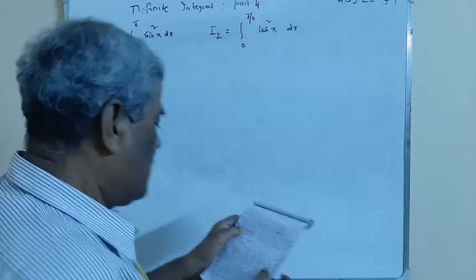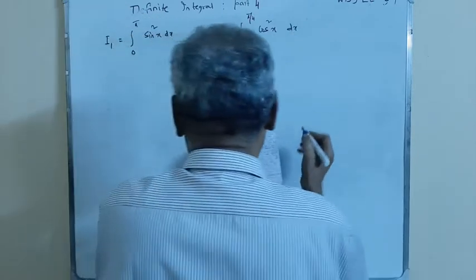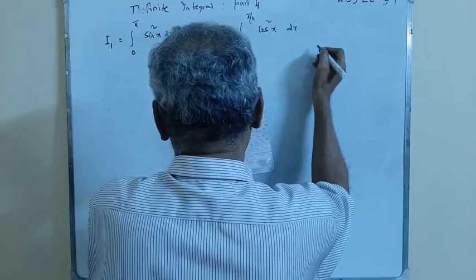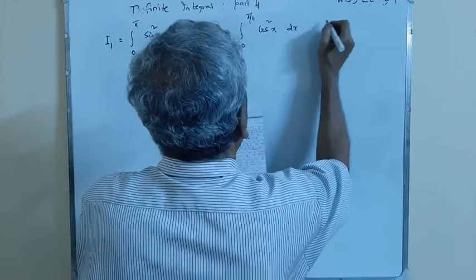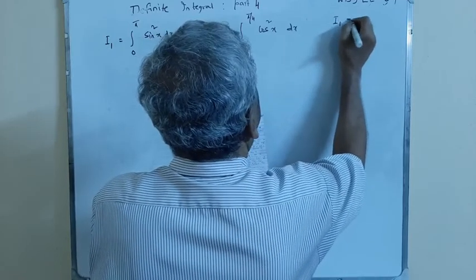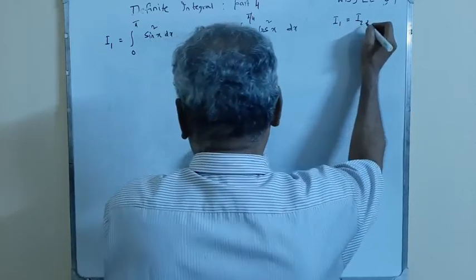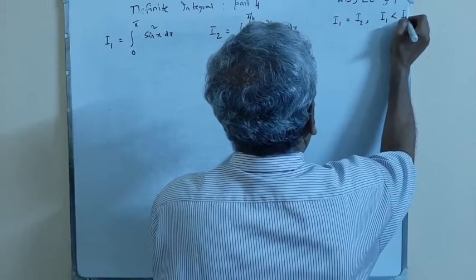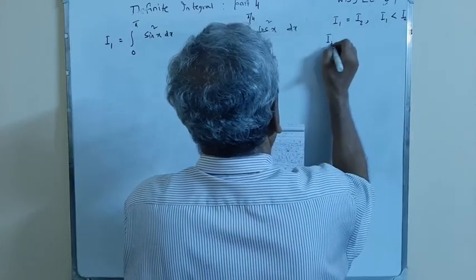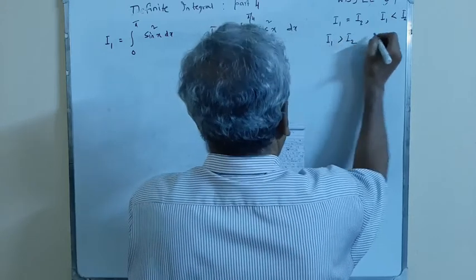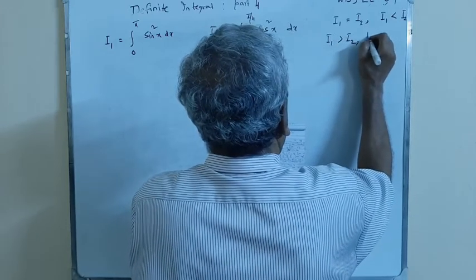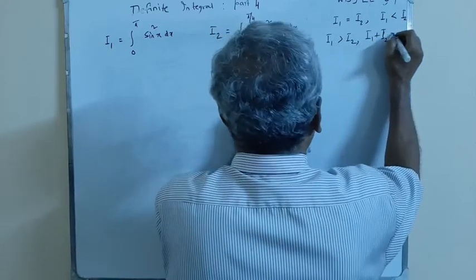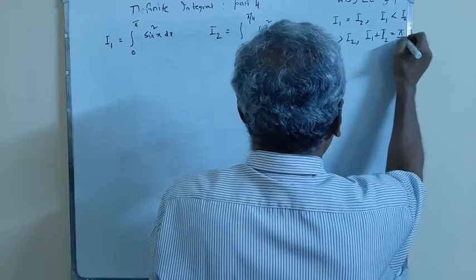Then which one is correct? Number 1, I1 is equal to I2. Number 2, I1 is less than I2. Number 3, I1 is greater than I2. And number 4 is I1 plus I2 is equal to pi, not pi, pi by 2.